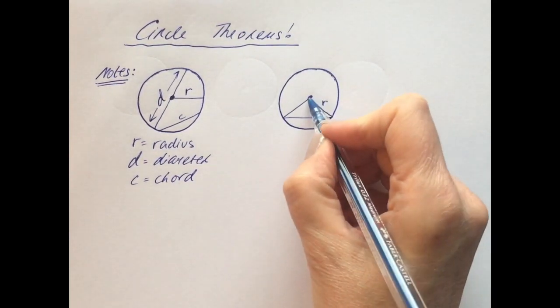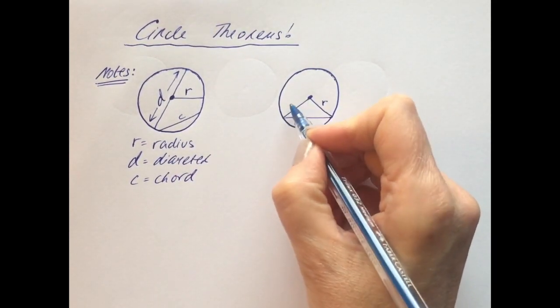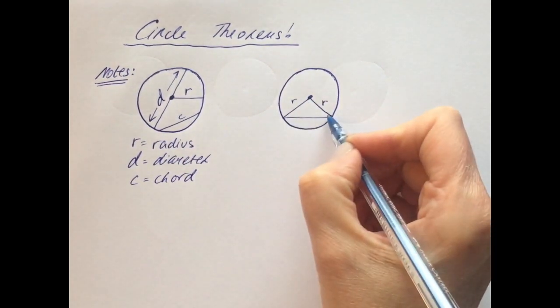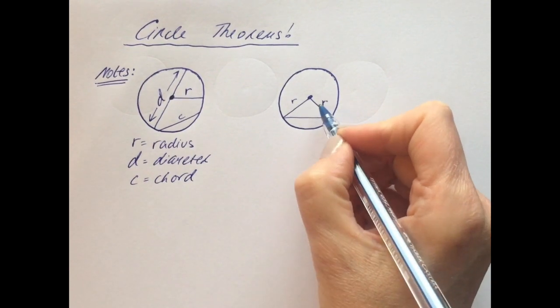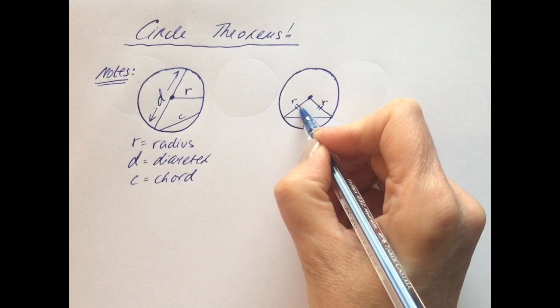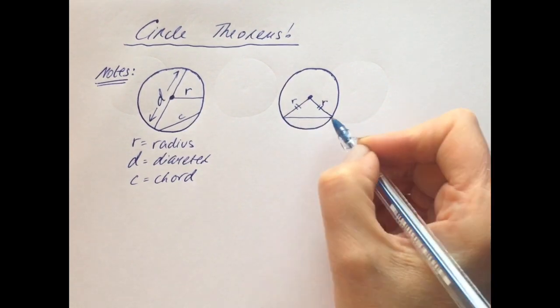And this line here going from the center to the circumference is also a radius. So what you end up having here is a particular type of triangle. You have a triangle with two equal sides, which is called an isosceles triangle.